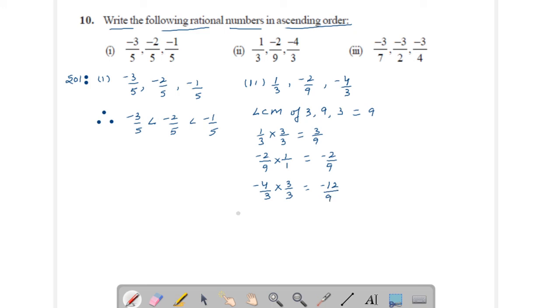Here since minus 12 upon 9 is less than minus 2 upon 9 is less than 3 upon 9.